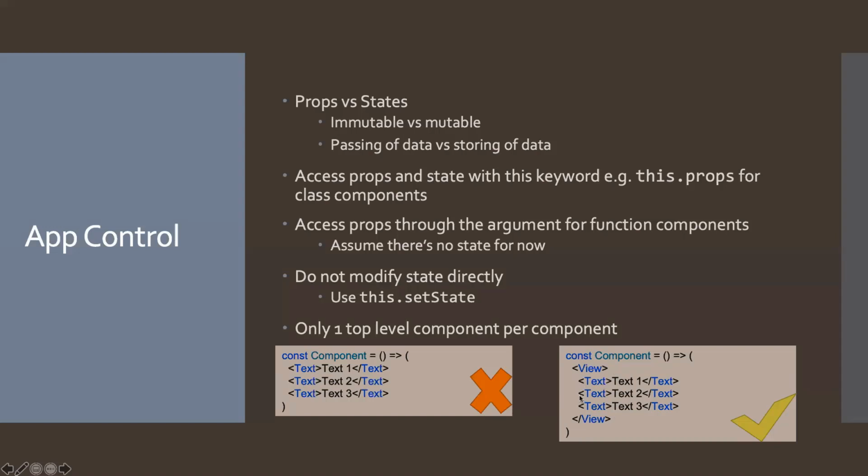This is one of the common pitfalls that new developers face when they do React or ReactNative as well. They assume that they can just put in any component they want, but you have to remember that you can only return 1 top-level component and nest the others inside it.